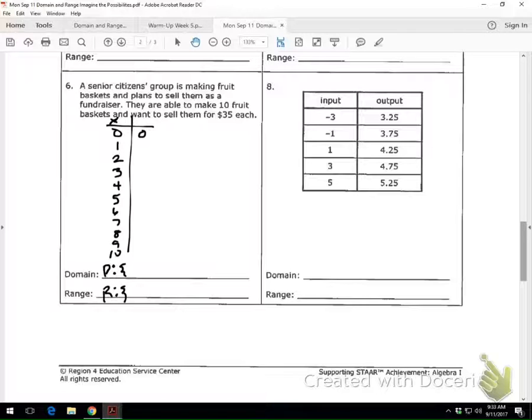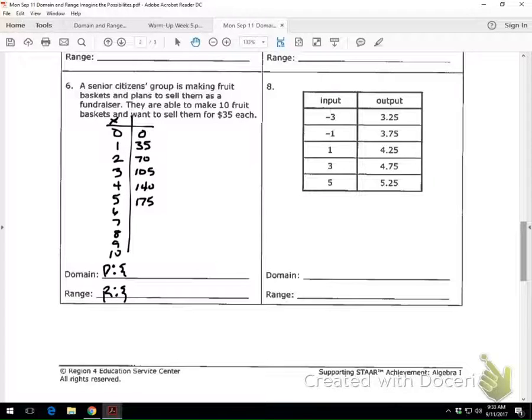If they sell 1, how much? $35. 2, 70. 3, 105. 4, 140. 5.